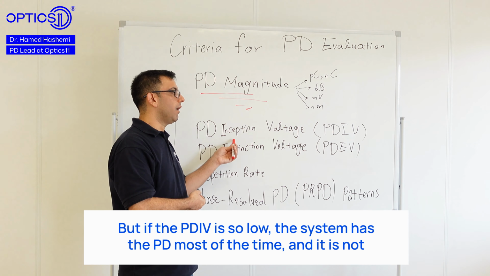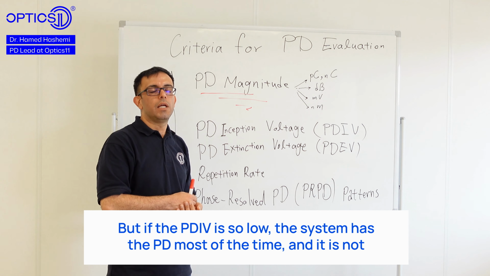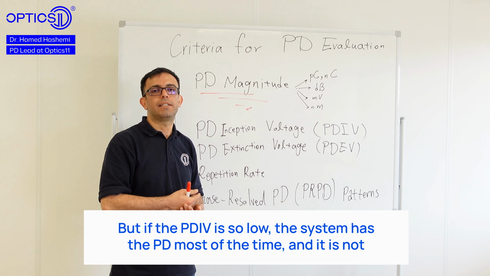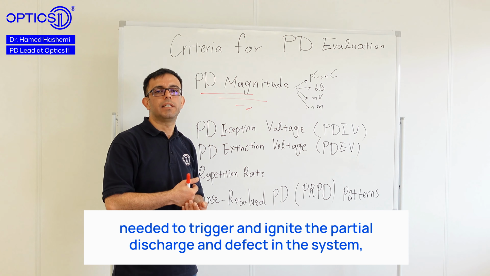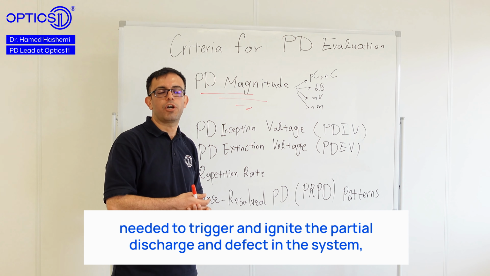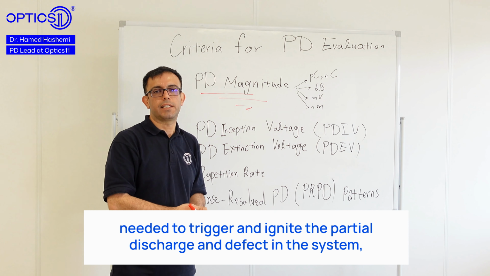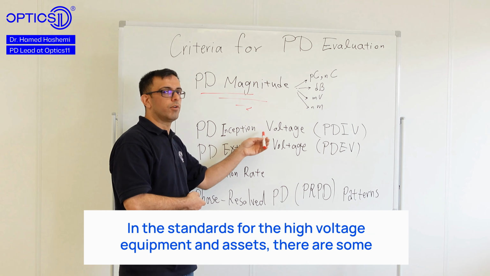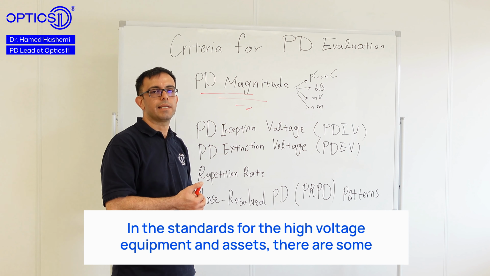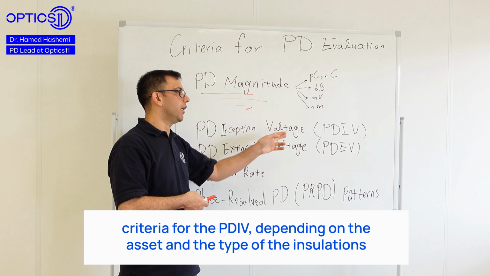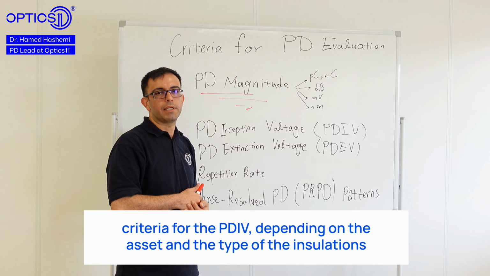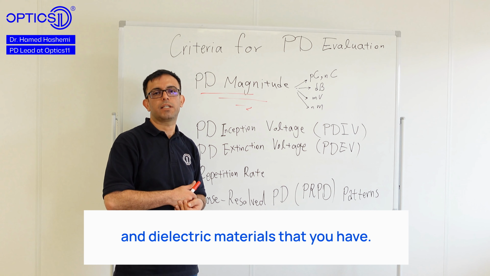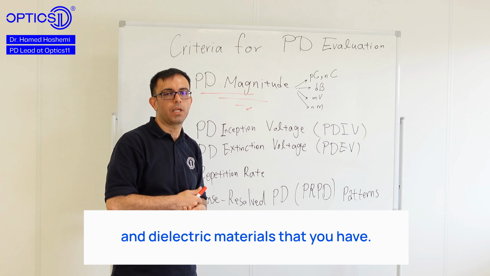But if the PDIV is so low, the system has the PD most of the time and it is not needed to trigger and ignite the partial discharge and defect in the system, and it is dangerous for the asset. In the standards for the high voltage equipment and assets, there are some criteria for the PDIV, depending on the asset and the type of the installations and dielectric materials that you have.